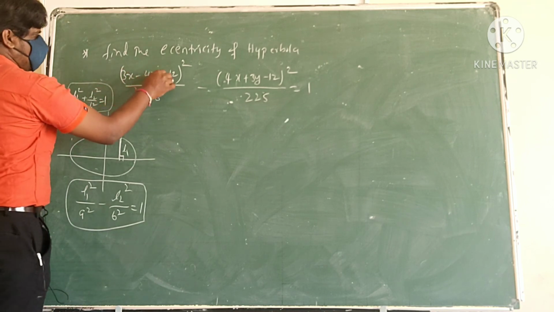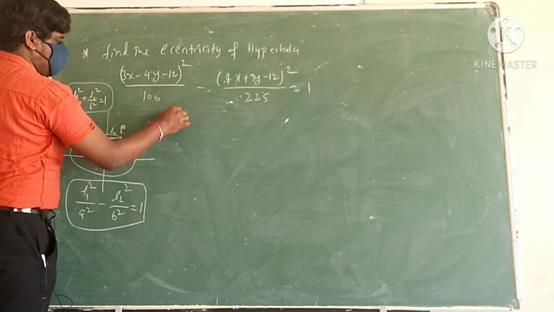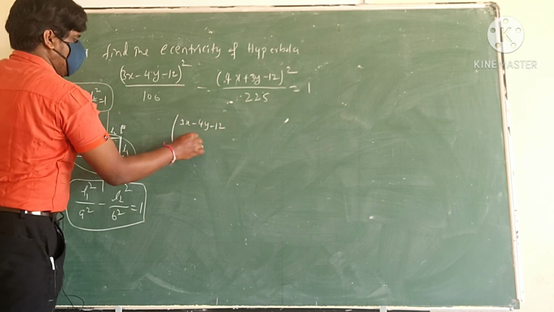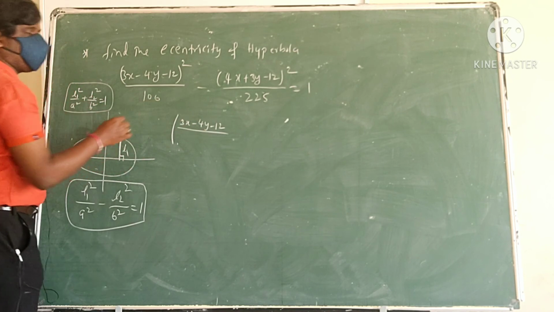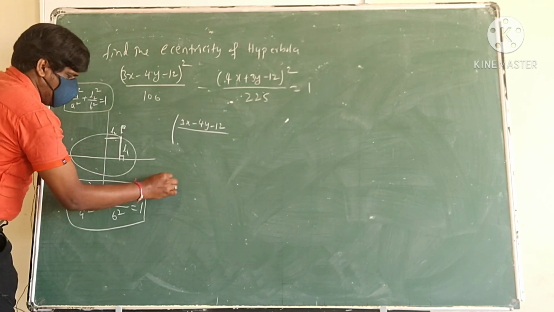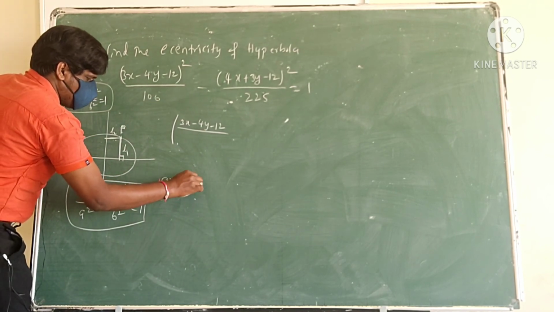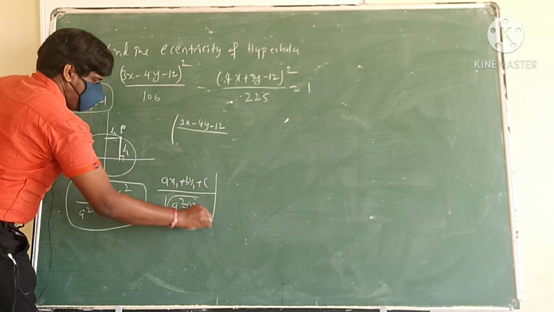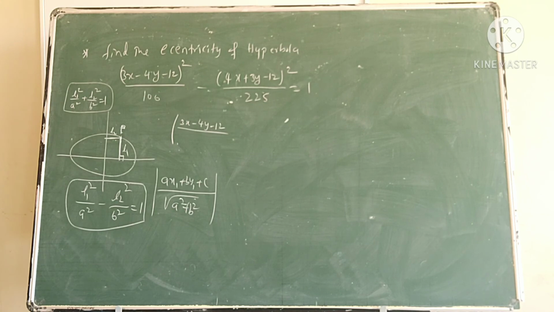So this one I can write as 3x minus 4y minus 12 by, you know, the perpendicular distance formula: ax1 plus by1 plus c upon under root of a square plus b square. This is the perpendicular distance of a point from the line.